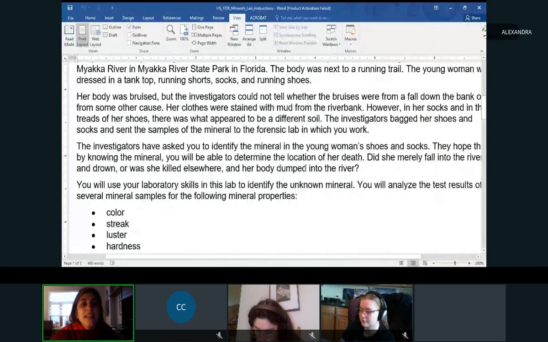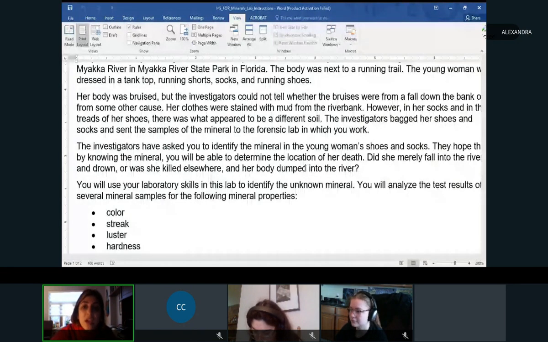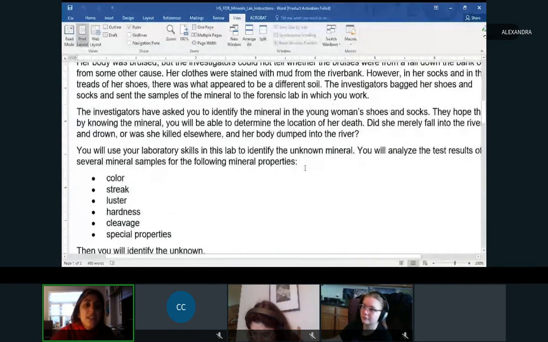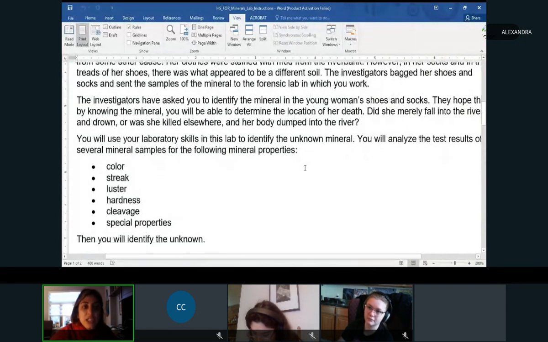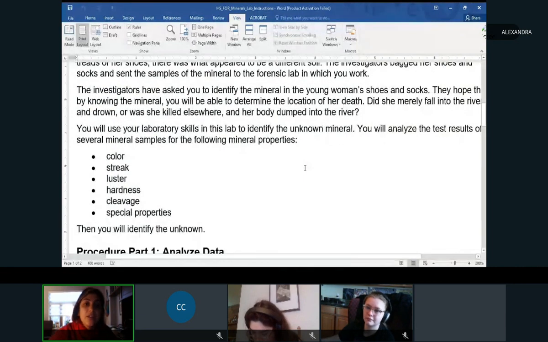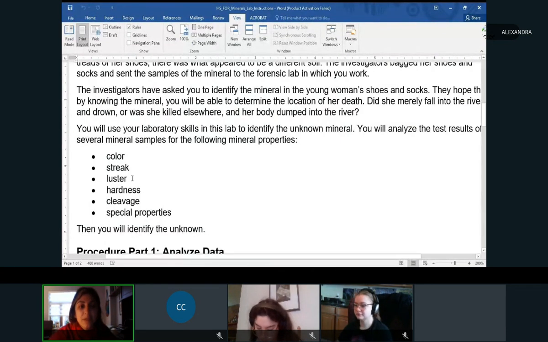But in the socks and in the treads, there seemed to be a different type of soil. So the investigators grabbed all of that evidence and took it to the lab to try to determine whether or not she fell down and drowned, or if she was murdered somewhere else and then dumped into the river.